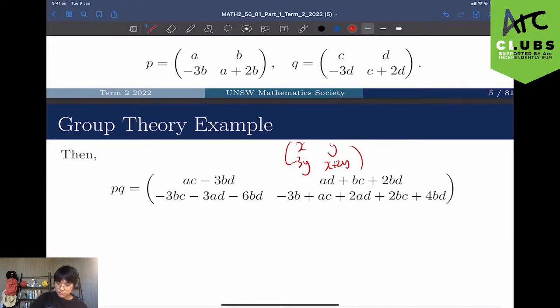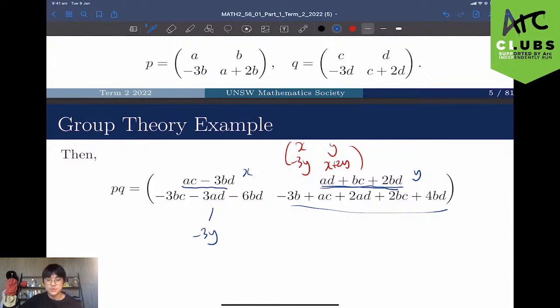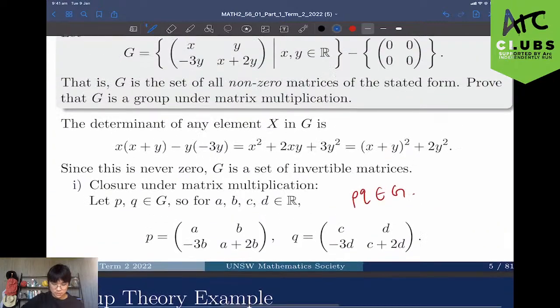So we consider this to be the x, and we consider this to be the y. Then we have to do some algebra to prove that this is going to look like minus 3y. So you have to prove that it's minus 3 lots of y here, and this looks like x plus 2y. If you shift around the brackets to show that it exists, that's how we prove that PQ is going to be in G.